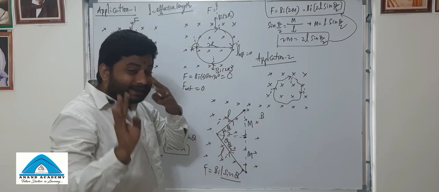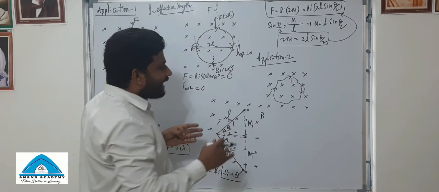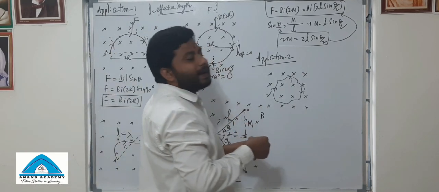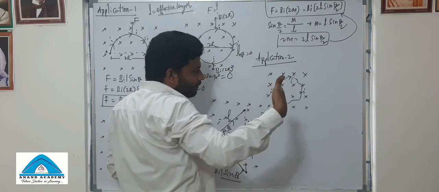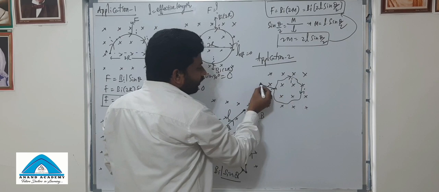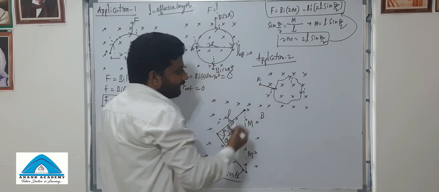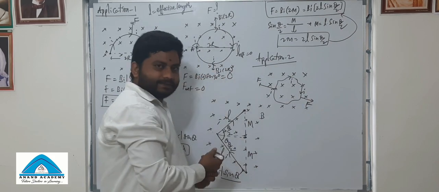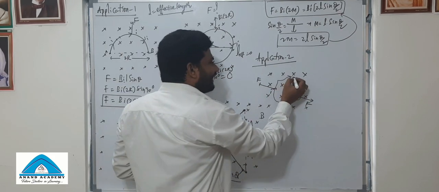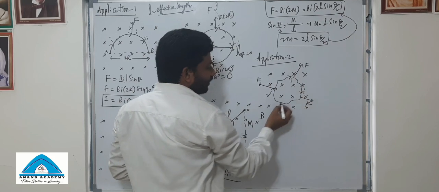But the interesting thing is, at any point you find the direction of the magnetic force. At this point, the direction of the magnetic force will be in this way. Exactly on the opposite side, the direction of the magnetic force will be like this. Any place you take, the magnetic force will be like this.